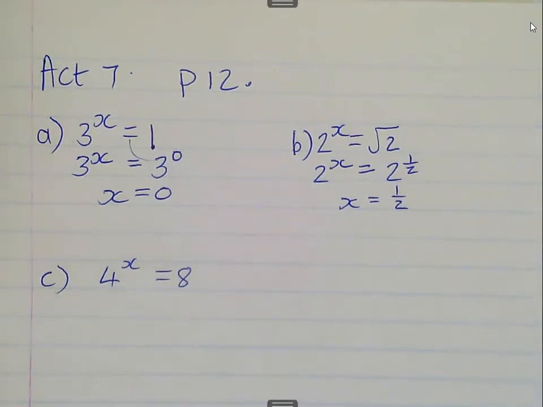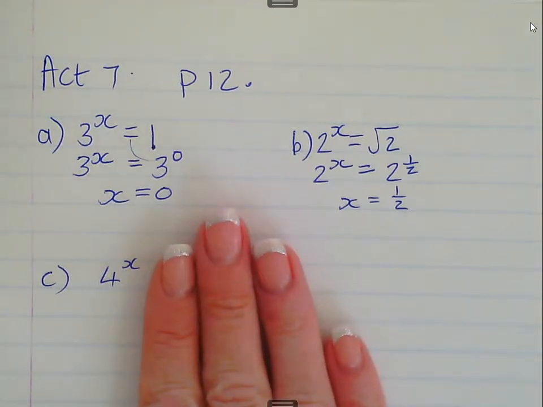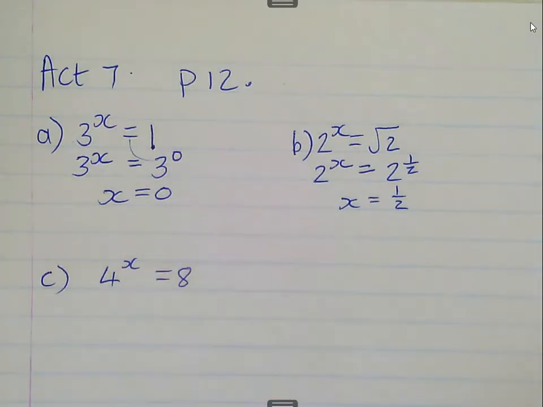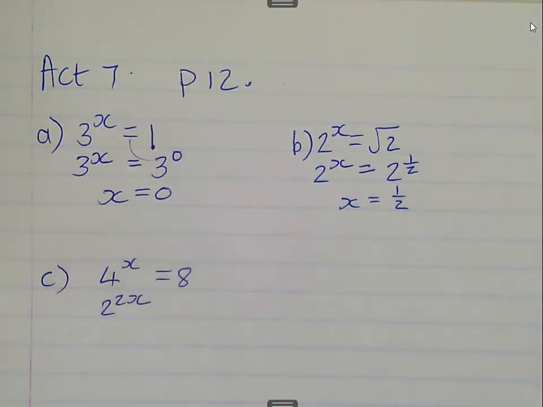Now let's pretend this is not an equation. We are in the first week of mathematics, exponential equations, what would the problem have been with 4 to the power of x? It's not prime. What's the secret to mathematics? Stays the same. So how can I rewrite 4? 2 to the power of 2, and then it just gets an x.